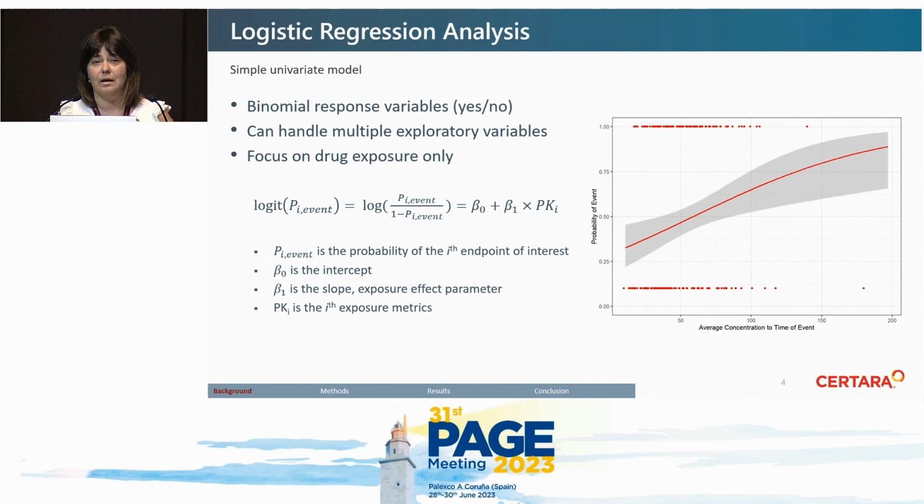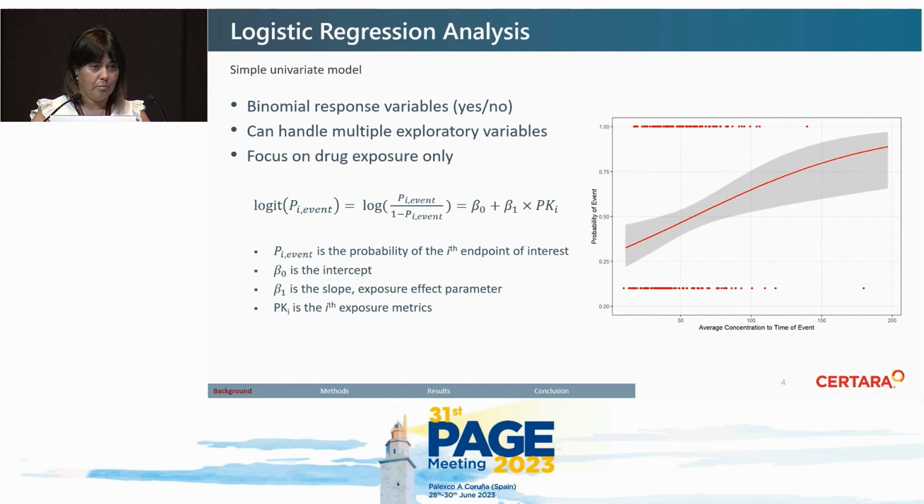These are types of data where we know the patient had an event or not an event as a side effect, or these are responders or non-responder subjects. And while the logistic regression can handle multiple explanatory variables of the probability of an event, we focus again in our talk here on only exposure driving this probability.